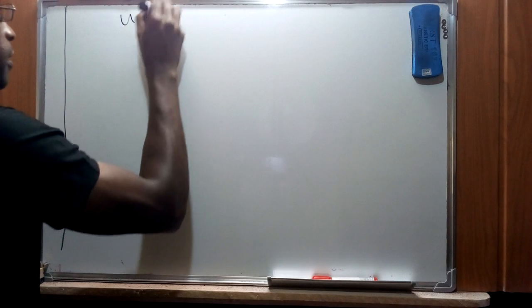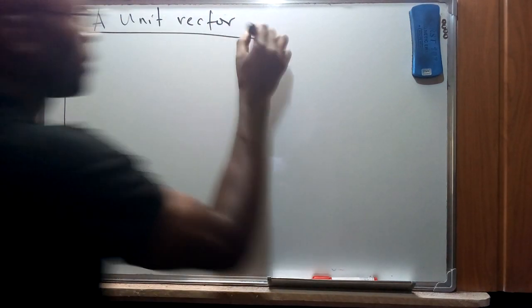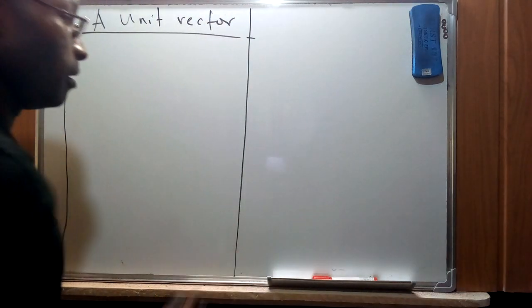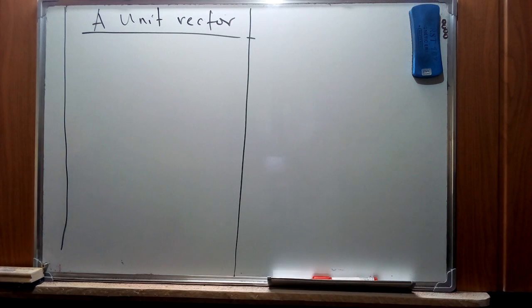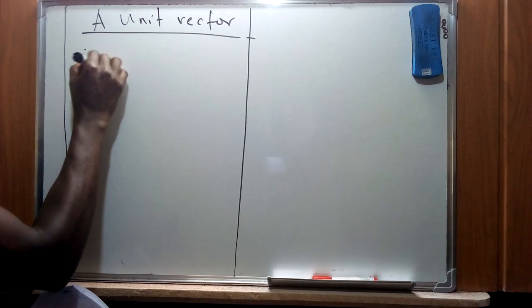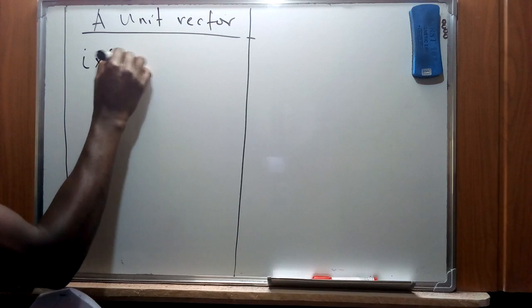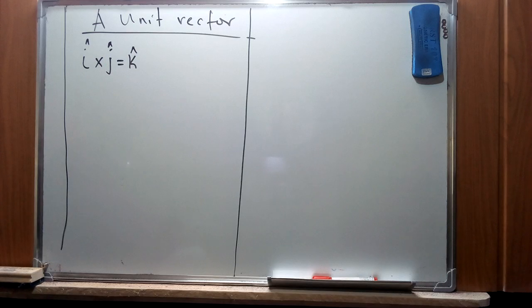So today's topic of discussion is going to be under vectors, and basically it's going to entail the concept of unity vectors or a unity vector. This is going to assist us in interpreting how we have already represented some of the vectors in some of our videos, whereby we said that the product of some of the components of vectors is going to give us a specific value or a specific direction.